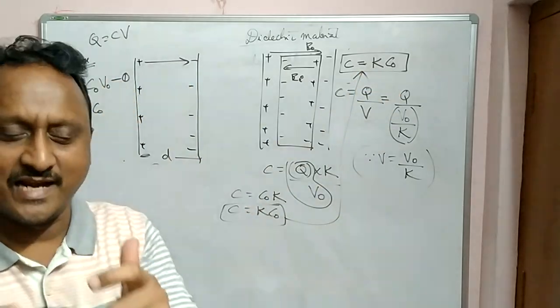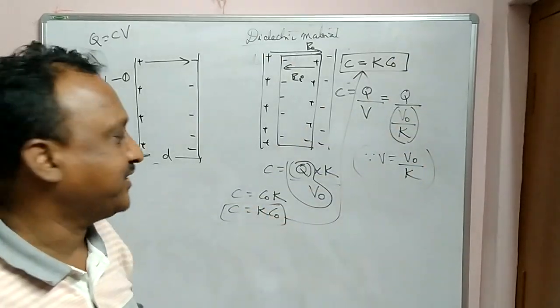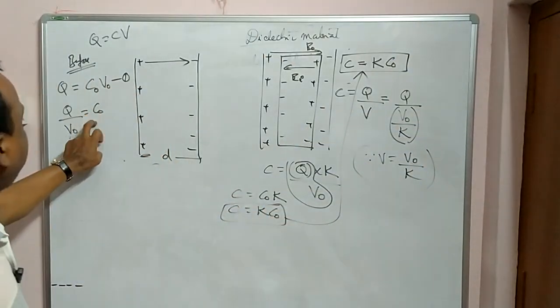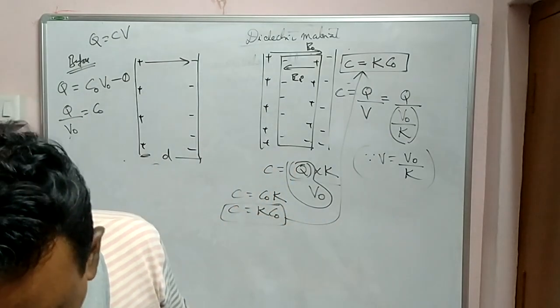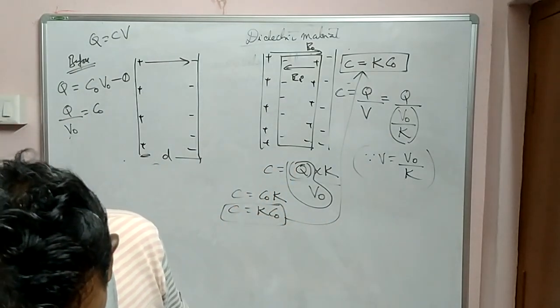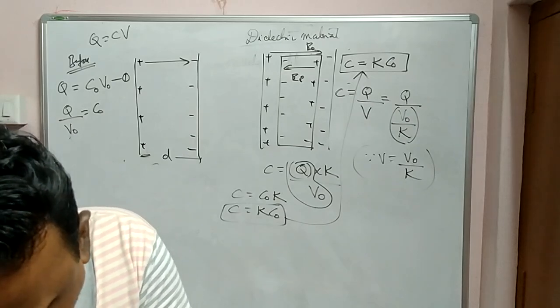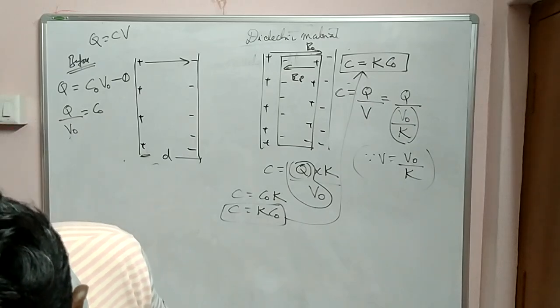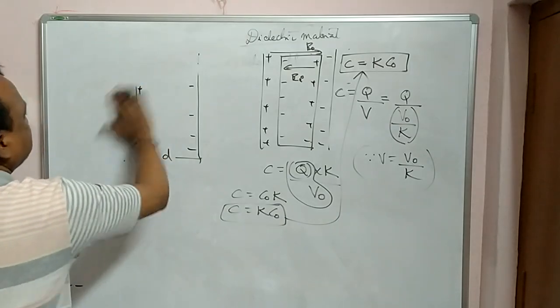When you introduce the dielectric material, the new capacitance becomes K times the original value, where C0 is the original value before putting the dielectric material. Clear? Any doubt? Right. Let us go to the next one.